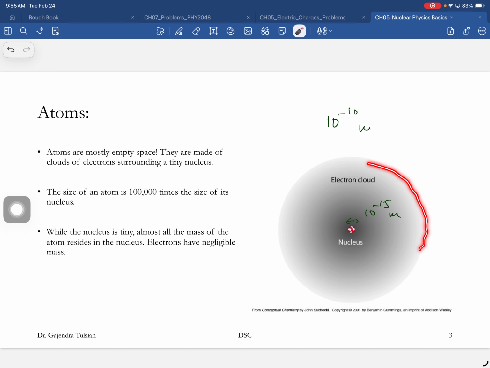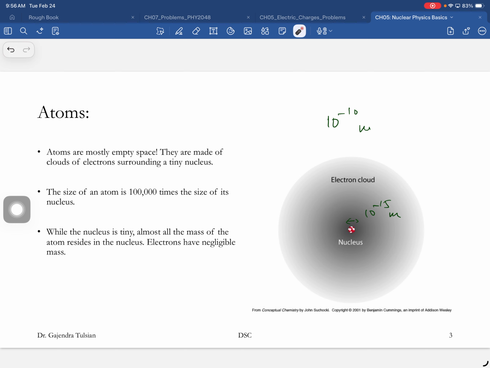So if the atom were as big as a football stadium, the nucleus would be the size of a marble. All this electron cloud weighs nothing compared to this. So all of the mass of the atom is in the nucleus, essentially.